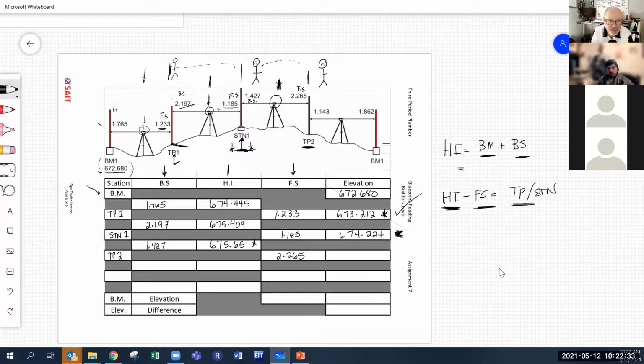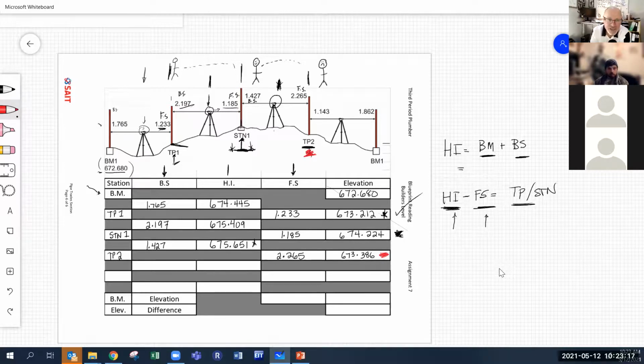And our new elevation is calculated by taking the height of the instrument and minusing off the foresight. Height of the instrument, 675.651 minus 2.265 gives us 673.386. That is our new elevation there. It's our new elevation.